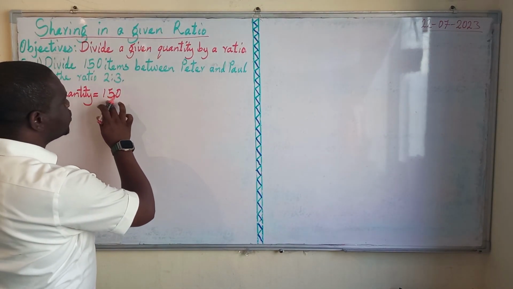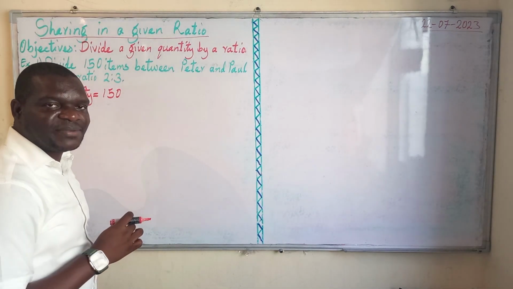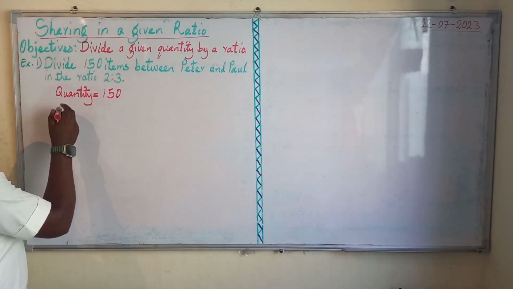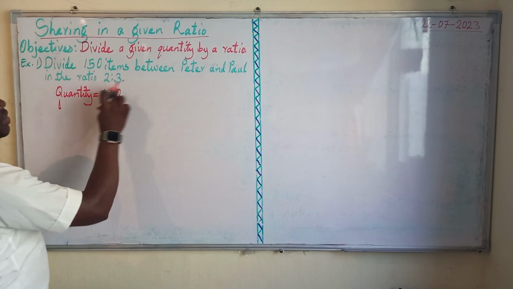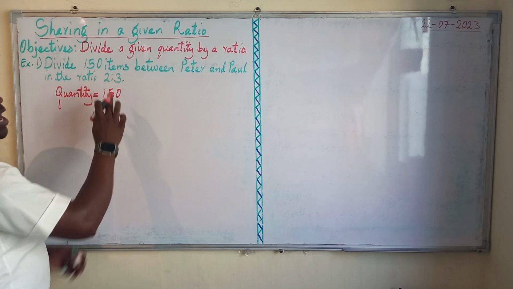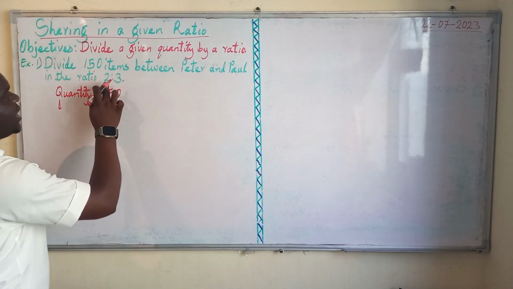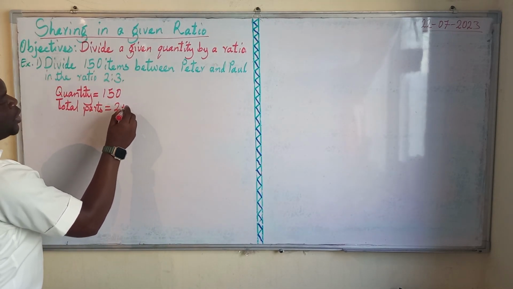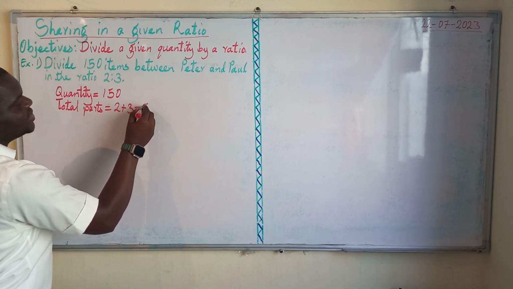Our quantity is 150 items. The next thing to identify here is total parts. Remember, these 2:3 are the different parts. So we can find the total parts, which is equal to 2 plus 3, and that is 5.